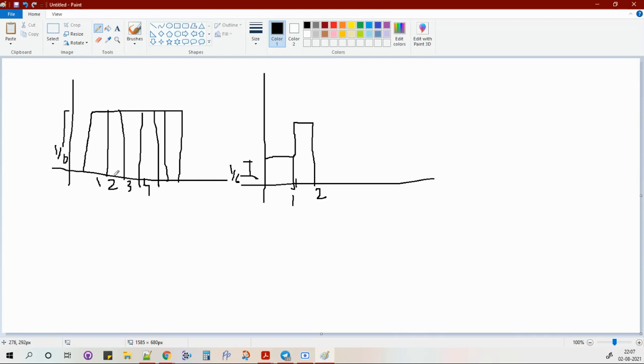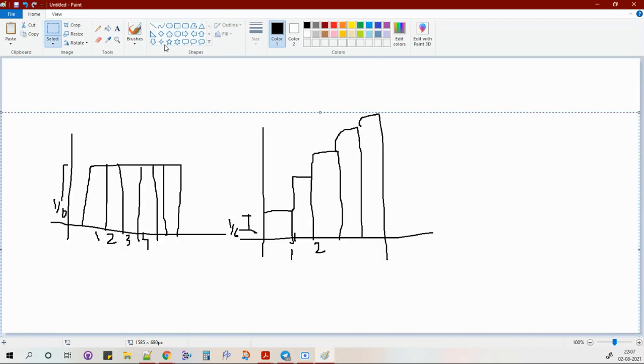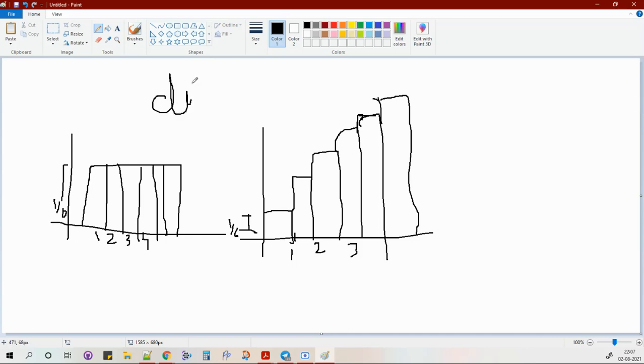Either you will get 1, or you will get 2. Then it will jump to 3 by 6, then 4 by 6, then 5 by 6, and at last it would be 1. And the last value is always 100%. So this was nothing but about discrete.